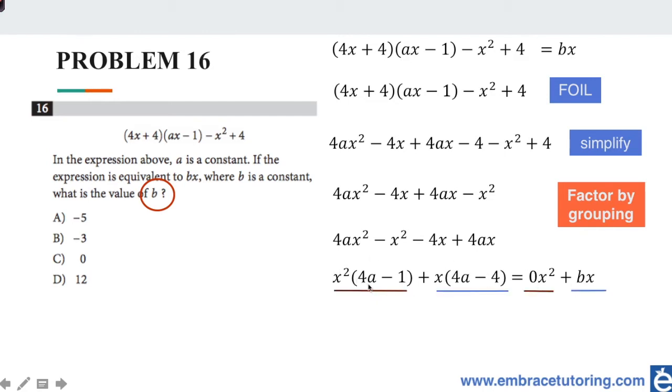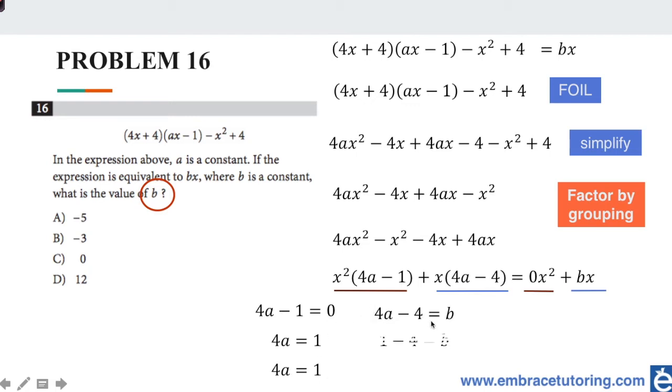So I'm going to set 4a minus 1 equal to 0, because these are both attached to my x squared on opposite sides of the equation. And I'm going to get 4a equals 1. Technically I can solve for a equals 1/4, but what you'll notice is that my 4a is already here. So I'm now going to take this 1 and plug it into my other expression.